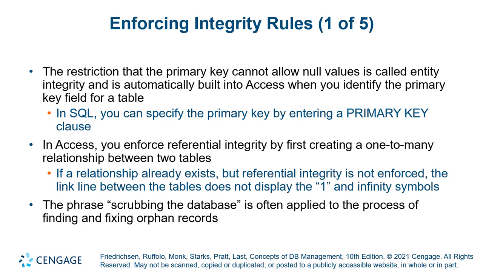And we're back. So in this next segment, we're going to be talking about enforcing integrity rules. We've talked a little bit in previous segments and previous modules about enforcing referential integrity, and this is done through relationships that we create in our database, relationships of tables.